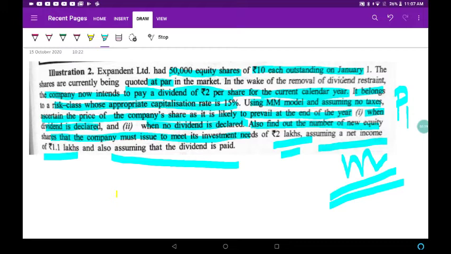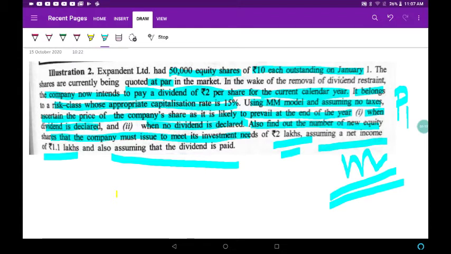Clear? Here, what we are trying to do is that if dividend is declared, what is P1? If no dividend is declared, what is P1? And what is the value of M? Provided the I is 2 lakhs and the net income is 1.1 lakh, that is E. Assuming that dividend is paid.